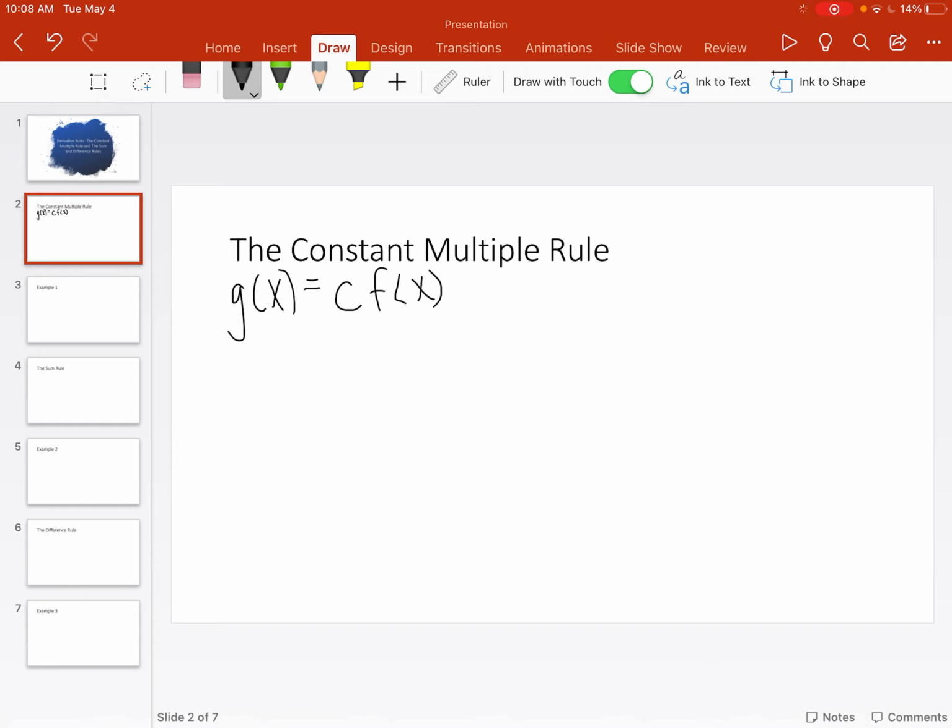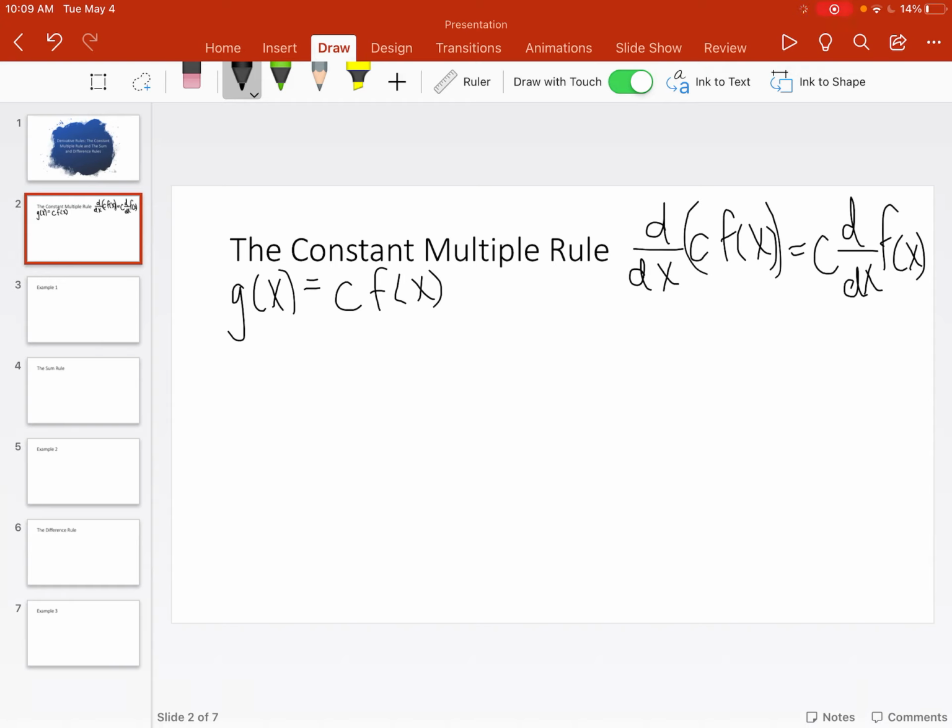Using the limit definition, let's prove the constant multiple rule. The constant multiple rule again states that the derivative with respect to x of c times f of x is equal to just c times the derivative of just f of x.